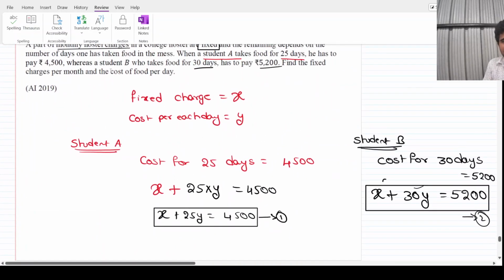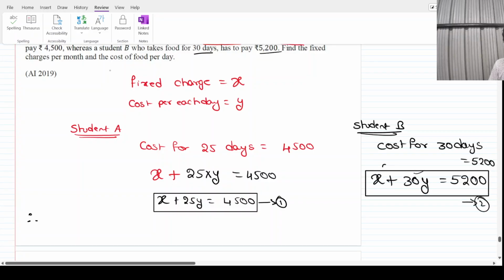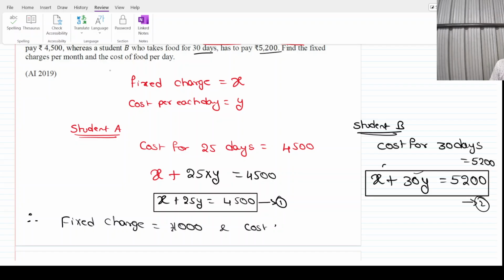Therefore, what is the conclusion? Therefore, fixed charge is equal to 1000 rupees and cost of food per day is equal to 140 rupees.